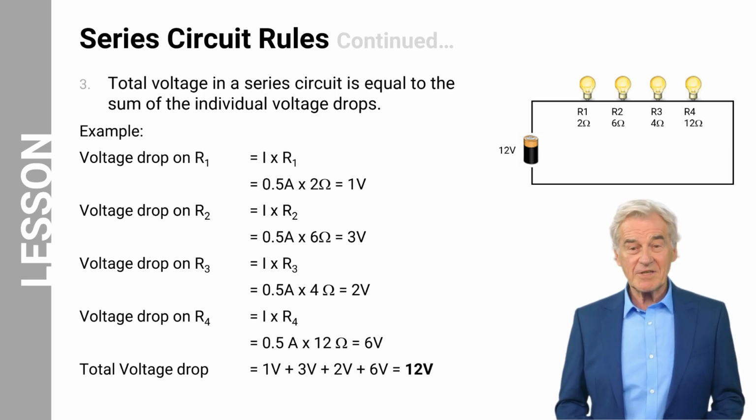Similarly, for R2, it is 0.5 ampere times 6 ohms equals 3 volts. For R3, it is 2 volts. And for R4, it is calculated to be 6 volts. When we sum these individual voltage drops, we get 12 volts, which matches our initial total voltage. This demonstrates that in a series circuit, the voltage is divided among the components, with the sum of these divisions equaling the total voltage supplied to the circuit.